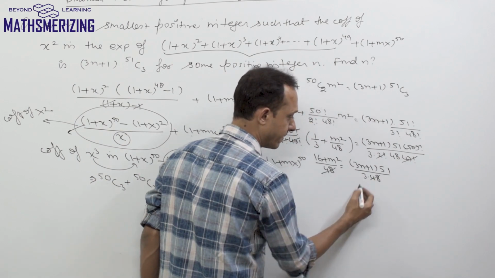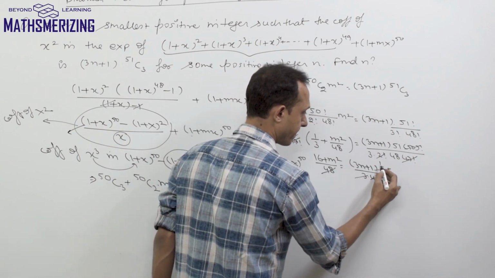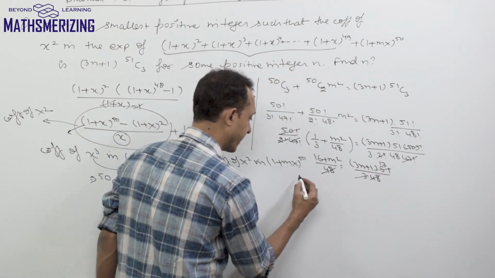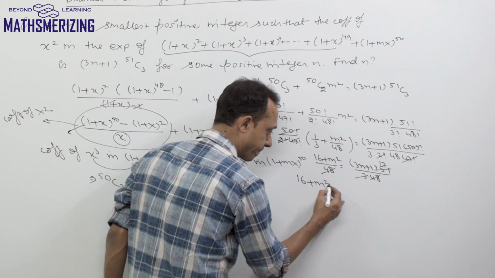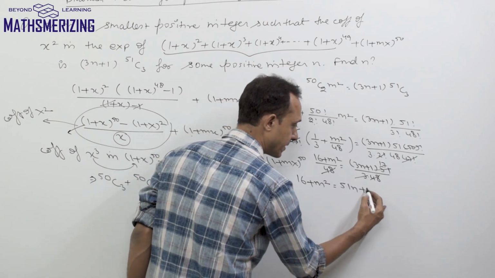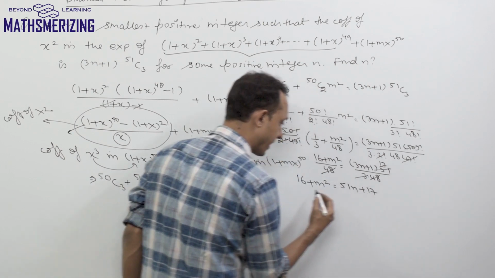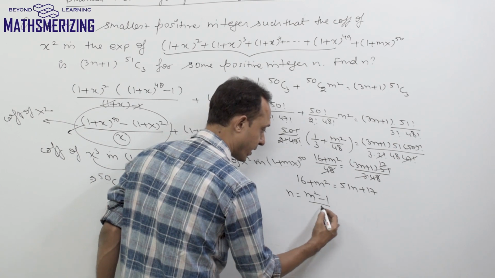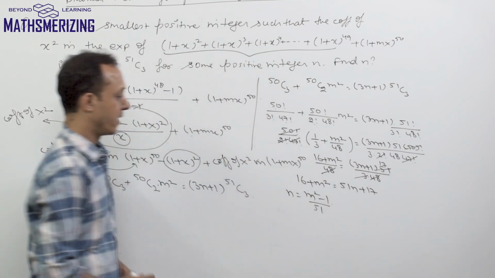So 48 will cancel, and there will be 17. So I can write it as 16 plus m^2 equals 51n plus 17. So I can write n as (m^2 minus 1) upon 51.